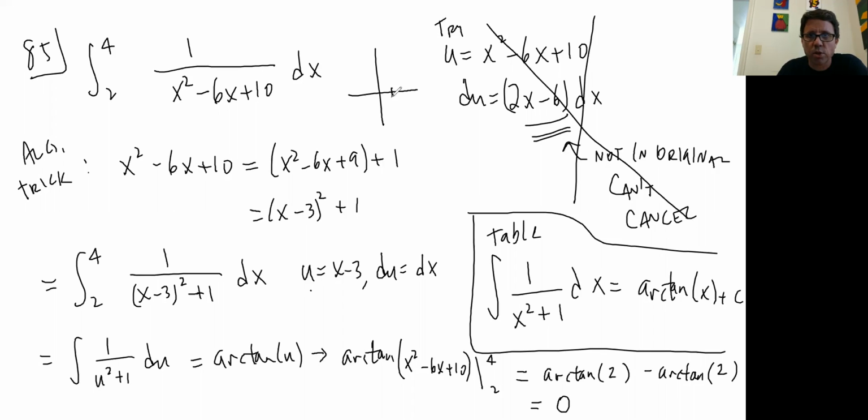If I plug in 2, I'll get 1/2. If I plug in 4, maybe I'm trying to think of what's going on here. Does this thing go negative?